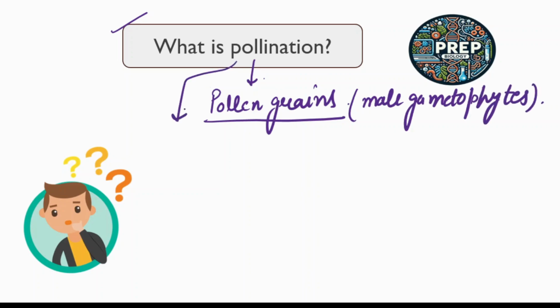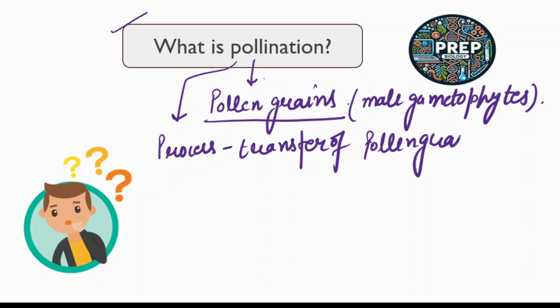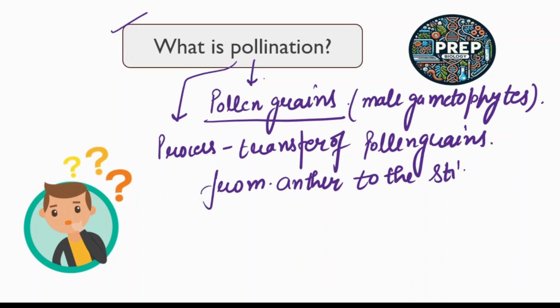So pollination is the process of transfer of pollen grains from where these are present, from anther to the stigma. It is the process of transfer of pollen grains from anther to the stigma. That process is called pollination.